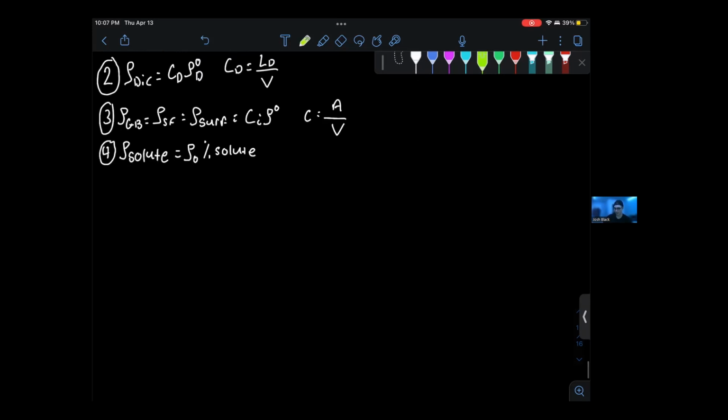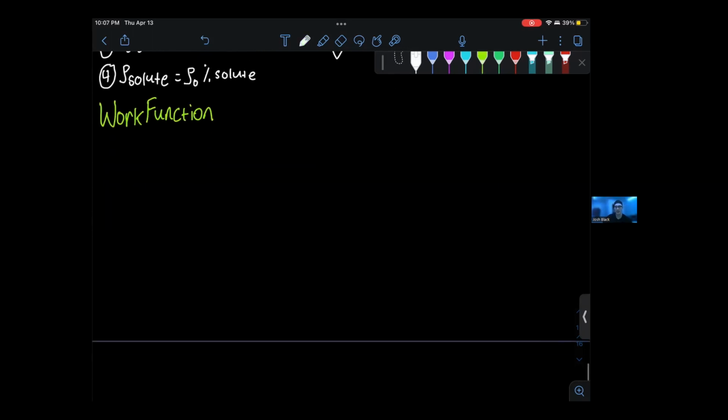The next thing we're going to talk about is the work function. This can be kind of confusing, so I'm going to try to explain it as well as I can. If we're given a metal, we know that this metal has a certain maximum energy, the Fermi energy.